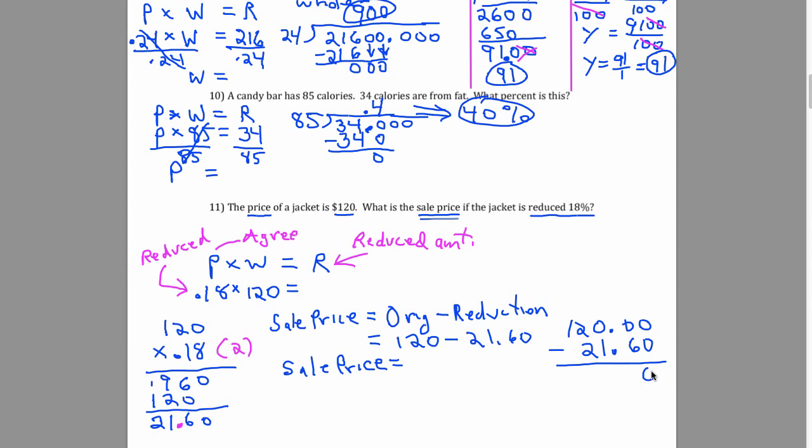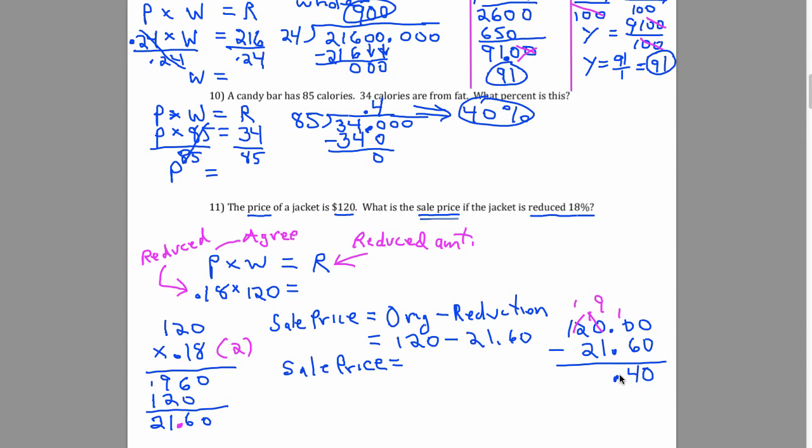So 0 minus 0 is 0. 0 minus 6 we're going to have to borrow. Cannot do that. Cannot borrow from the 0, so we'll borrow from the 2. That will become 1. And now we bring a 1 here. We still cannot do our subtraction, so 10 will become 9, and you put a 1 here. So 10 minus 6 is 4.